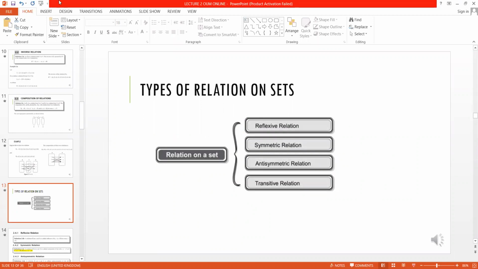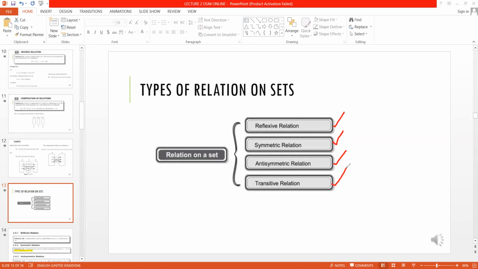But as you see here, we've expressed 4 types of relation based on the subsequent analysis we're going to do. So we have reflexive relation, we have the symmetric relation. When a relation is not symmetric, we say it is anti-symmetric or asymmetric. Then we have the transitive relation. What do we mean by these forms of relation?